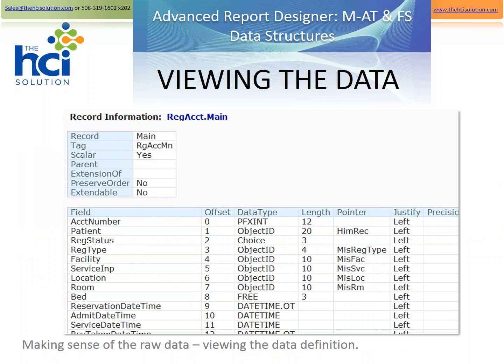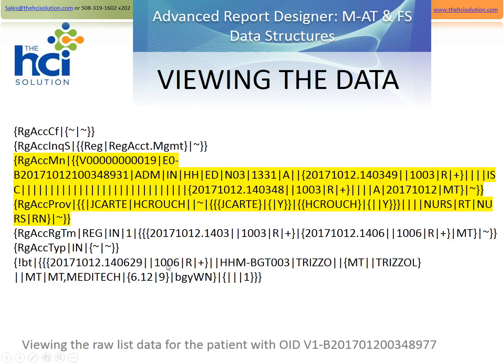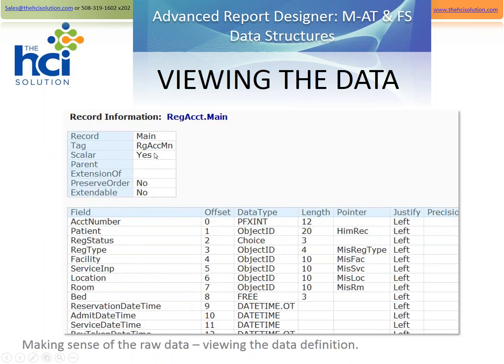This next slide shows you what the data definition looks like for that data. So there's the tag there, RGACCMN. If we went back, you can see that RGACCMN there. So I know from looking at this data definition that it's for the main record. And these describe all the different fields in that record. So offset 0 is the account number.